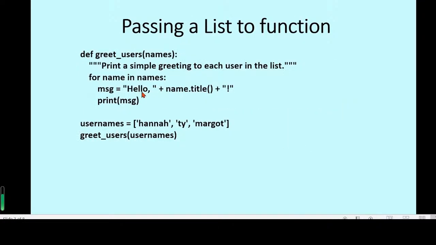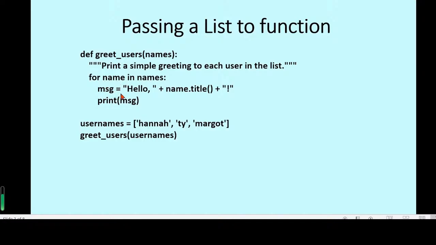So we define a function called greetUsers with a parameter called names, and names is a list. Inside the function, there's a for loop: for name in names. So get each element of this names list, then set it to the variable name.